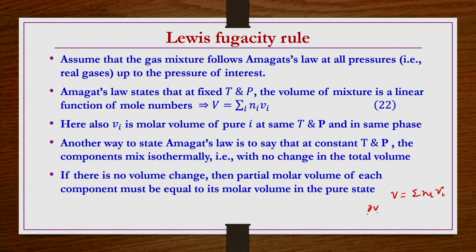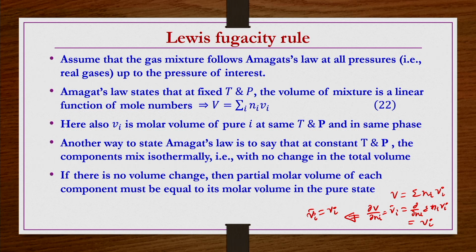So, ∂V/∂Ni is nothing but Vi bar. If you do ∂/∂Ni of Σ Ni vi, you will get vi.